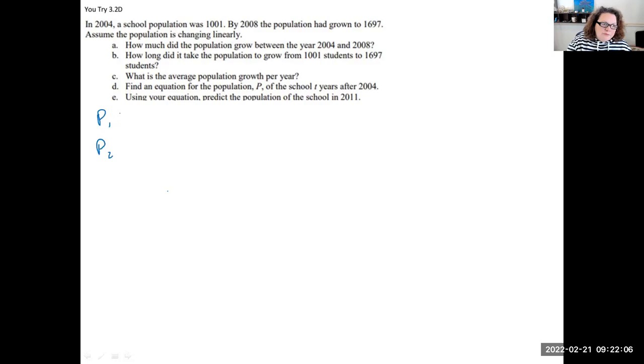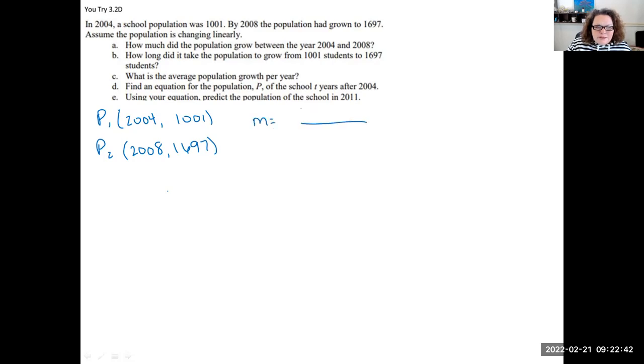All right, they said in 2004, the population was 1,001. And in 2008, the population was 1,697. So we need to find the rate of change. How much did the population grow between the year 2004 and 2008? Well, if you're thinking about the rate of change, that's the part in the numerator.